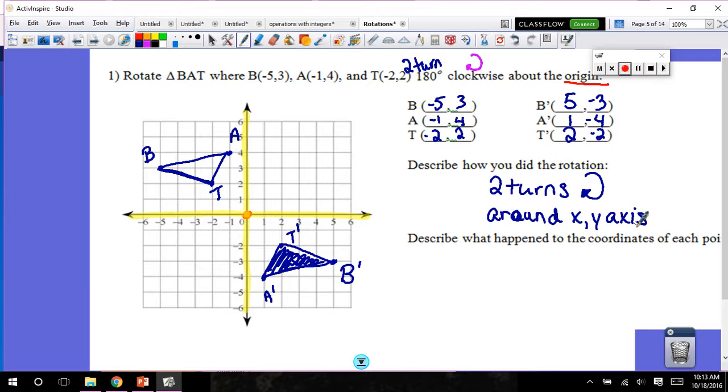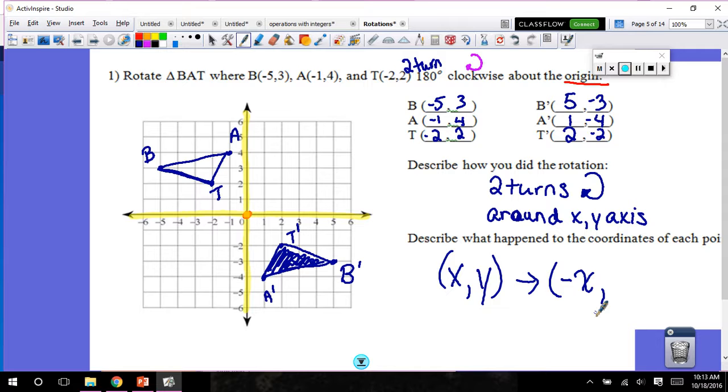Now there is kind of a shortcut if you can memorize all these. It says describe what happens to the coordinates of each point. So when you rotate 180 degrees, what happens to the coordinates? It went from, let's say, X, Y. What happened from this X to this one? From this X to this one? Okay, it changed. So if it was positive, it would have been negative.